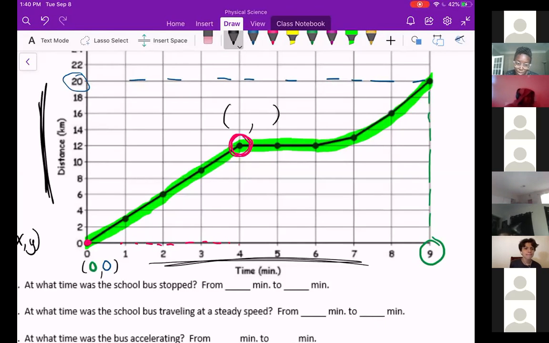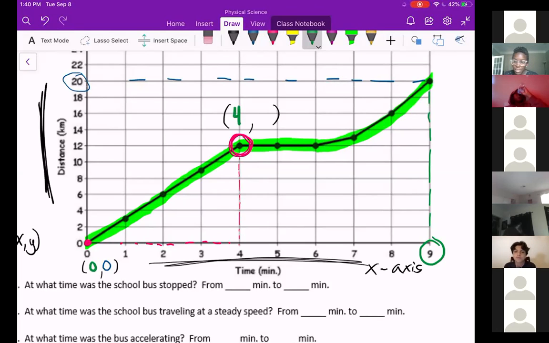Can you tell me what number is at on the x-axis? This is x. This dot right here, if I come down, what number do you think is sitting at? 4. Great. So I'm going to put a 4 right here.